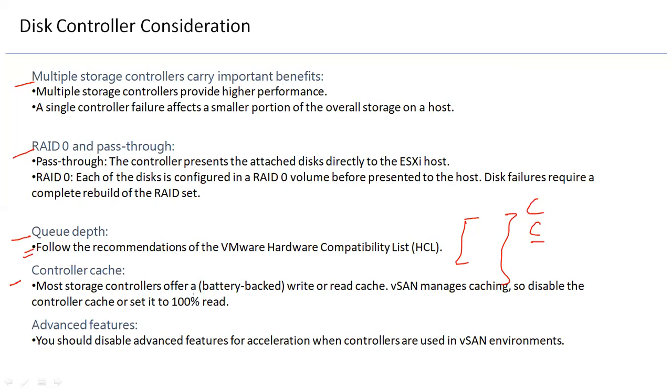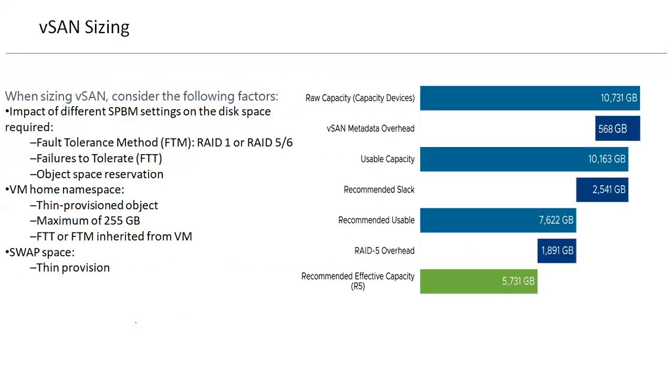Most storage controller caches are battery backed. That could be write cache or read cache. vSAN manages caching, so disable the controller cache or set it to 100% read cache. You should also disable the advanced features for acceleration when using the vSAN environment. Those are other advanced features available inside your disk controller; you don't need them.